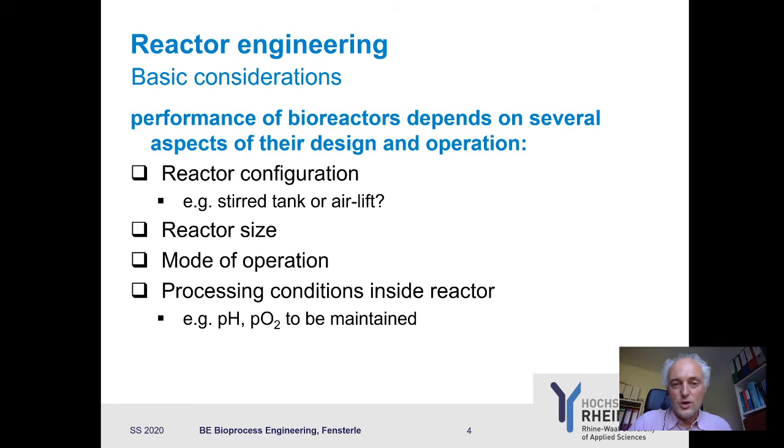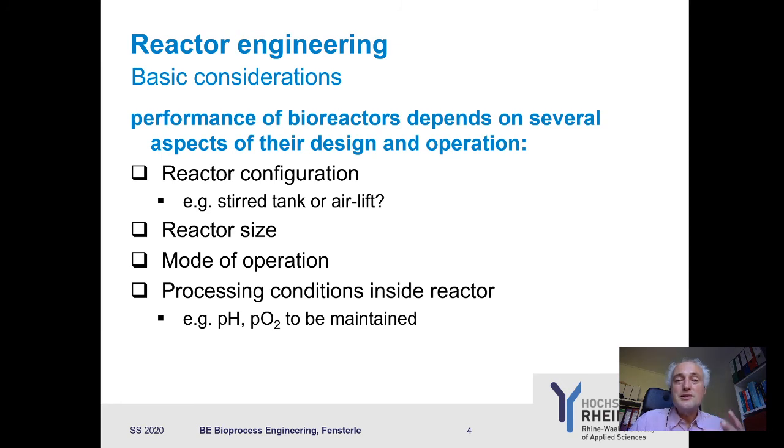The second aspect is how large my reactor is. Is it 300 liters or 200 cubic meters? What is my operation mode? Do I operate a stirred tank reactor in batch mode, fed batch mode, or chemostat mode? And how are the conditions inside my reactor? All this together goes into my performance.